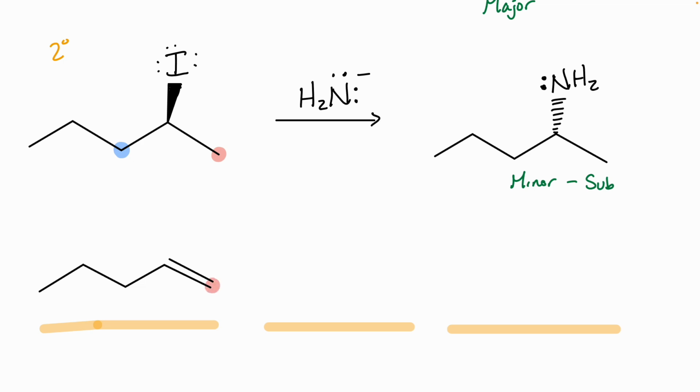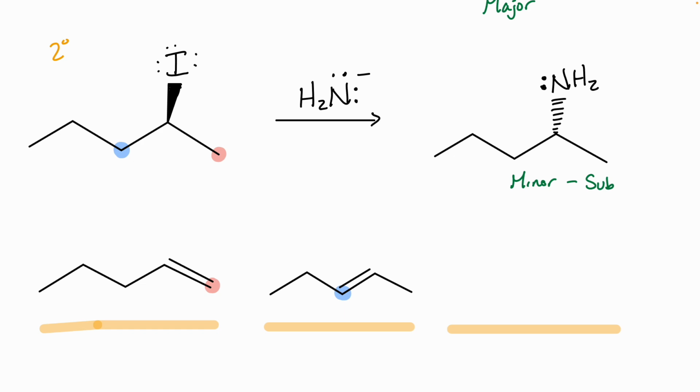Or we can get rid of a hydrogen on the other side. Boom. But then I told you that there was a third product. What's our third elimination product here?